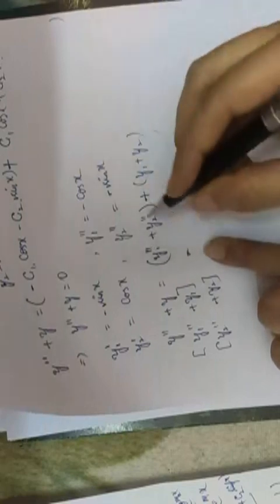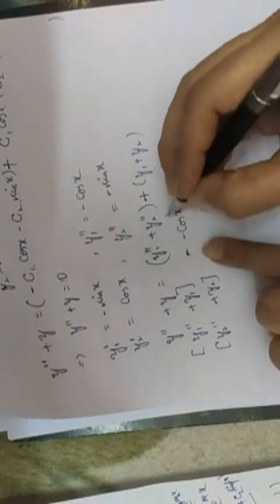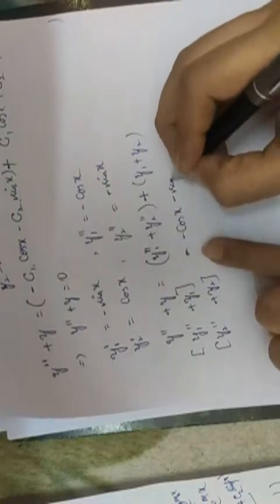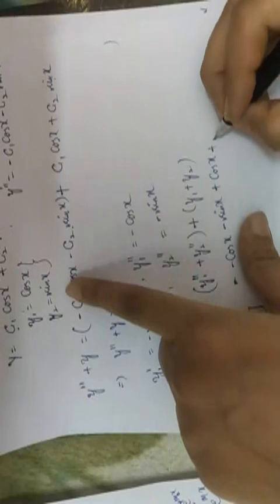What is your y1 double dash? It is minus cos x, and y2 double dash it is minus sin x. y1 is plus cos x and y2 is plus sin x. So all these terms get cancelled. You will get y double dash plus y as 0.